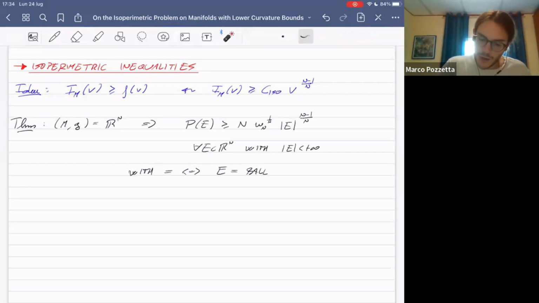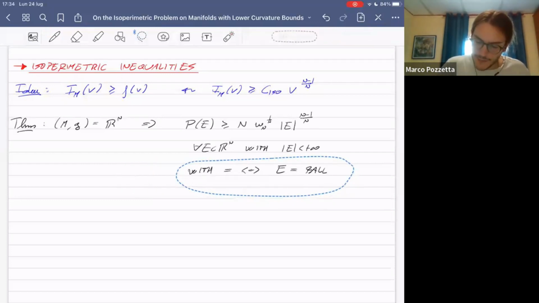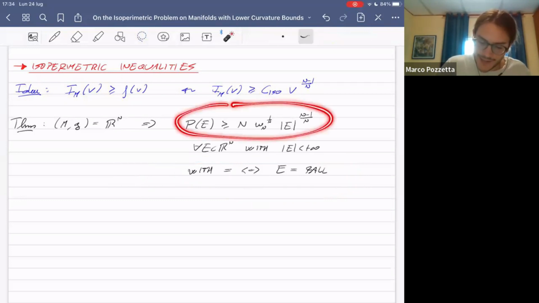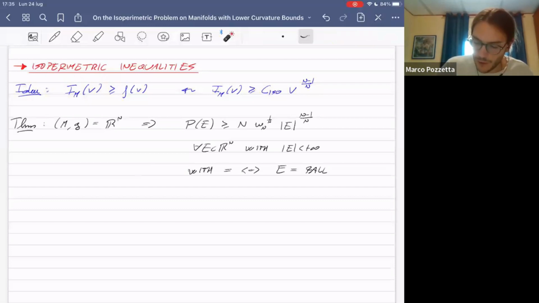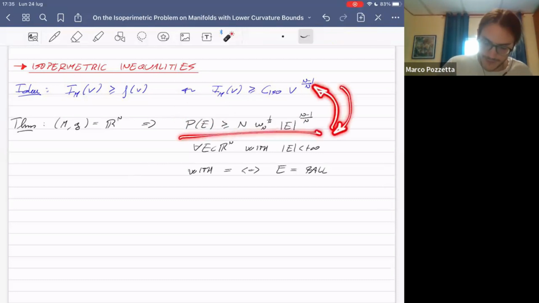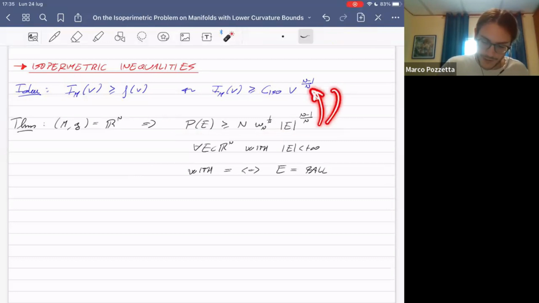So as I said before, this inequality actually has this form above. If you call the volume of E, you call it V, here you have the perimeter of a set of volume V. I take the infimum over sets of that volume, and here I get the isoperimetric profile of that volume. So writing the inequality in these two ways is equivalent.